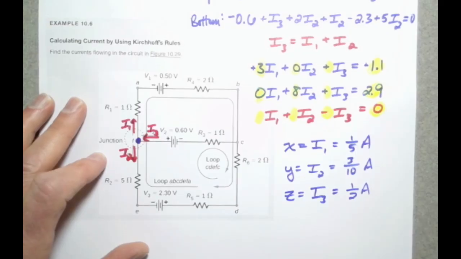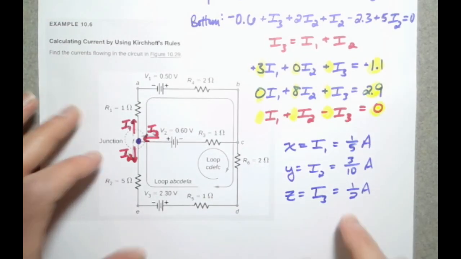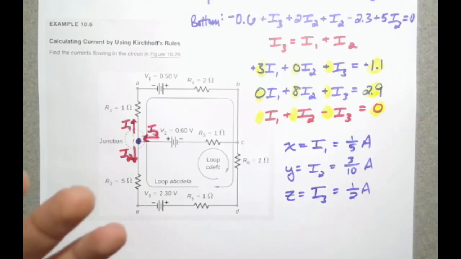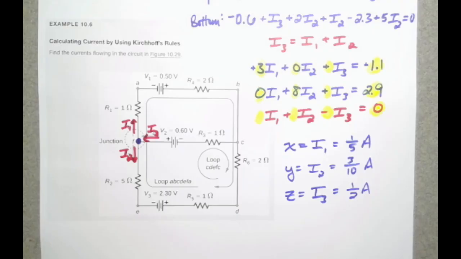So it's fine if you have the wrong direction for a current, or all the currents. It doesn't matter. You can have them all wrong. They'll just all be negative, meaning they're going in the opposite direction that you labeled them. The math will take care of anything that you do with guessing the wrong direction for a current.